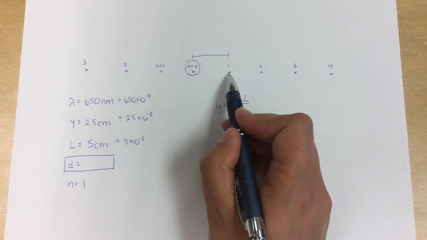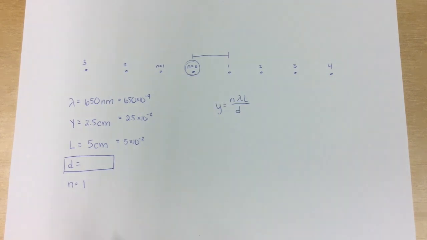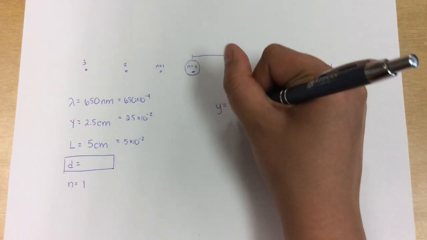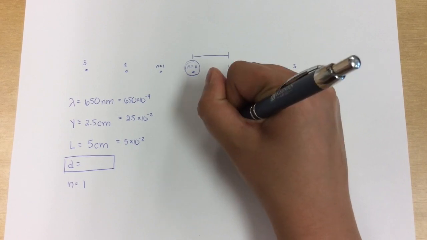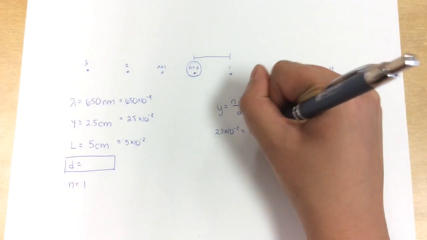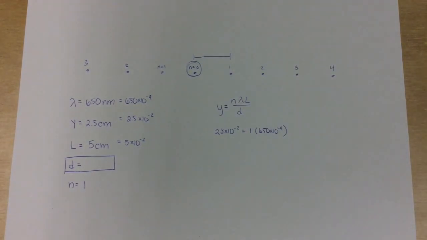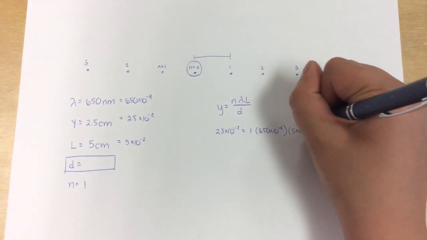So n equals 1 because it's the distance between the first and 0th maxima. So, next, solving for D. This would be 2.5 times 10 to the negative 2 equals 1 times 650 times 10 to the negative 9. L is 5 times 10 to the negative 2.